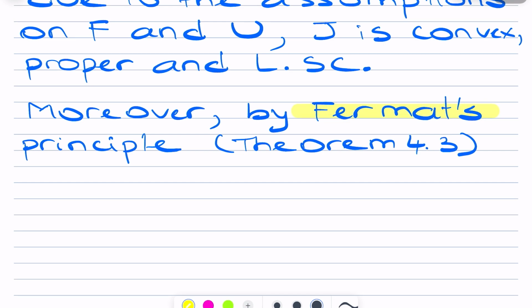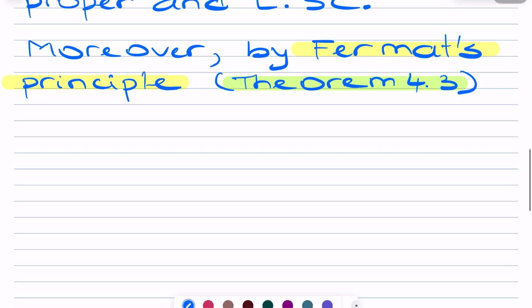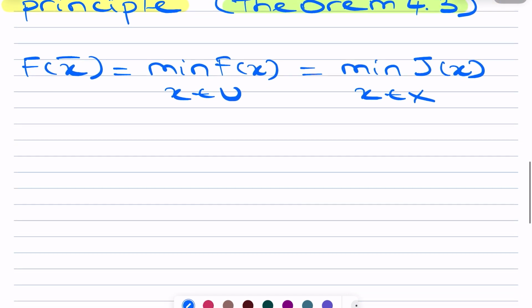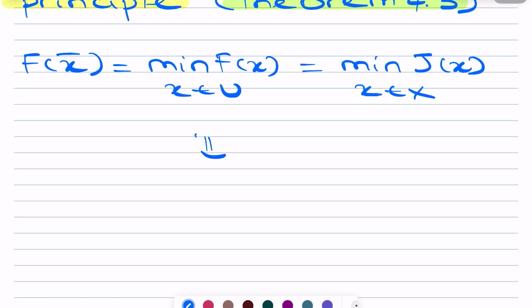Check it out. We put the link at the upper right corner, so don't worry. We have that x bar is a minimizer: F of x bar is equal to the minimum of F of x over x in U, which is again the minimum of our extended functional over x in X. So by the Fermat principle, we know that this is equivalent to, I'm just writing this way.